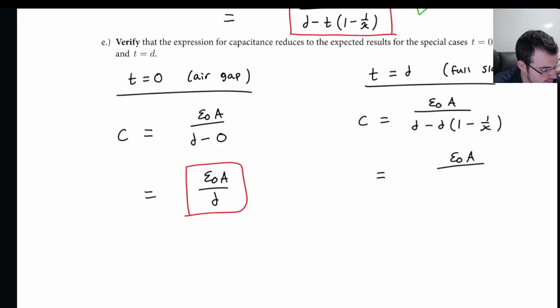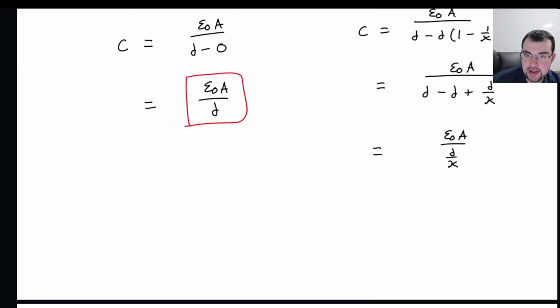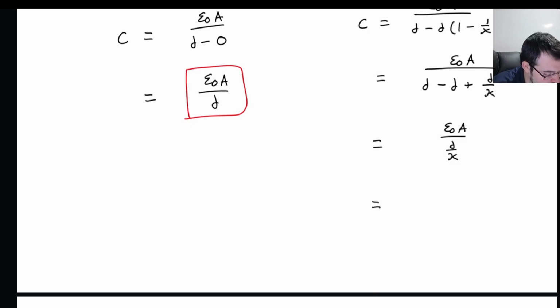But we need to trust the process here. All right, distributing the D, we get minus D, and then minus minus makes plus, so plus D over kappa. Notice the D's cancel. So I get epsilon naught A over D over kappa. So we get another compound fraction or double denominator, which means that we can write this as kappa epsilon naught A over D.